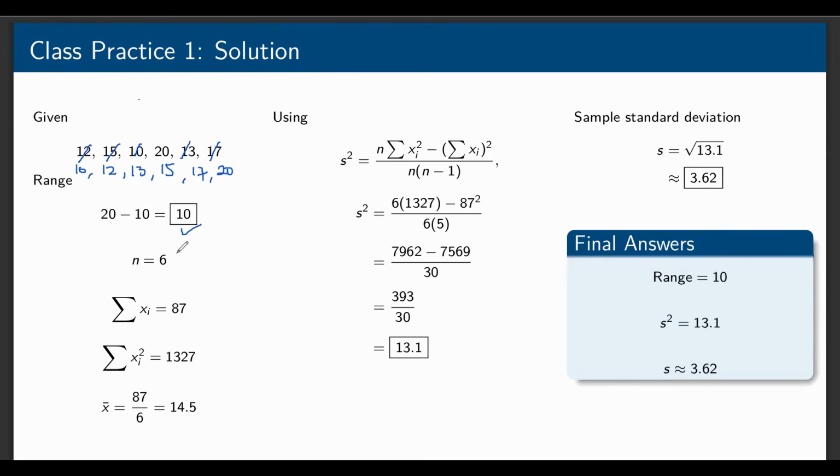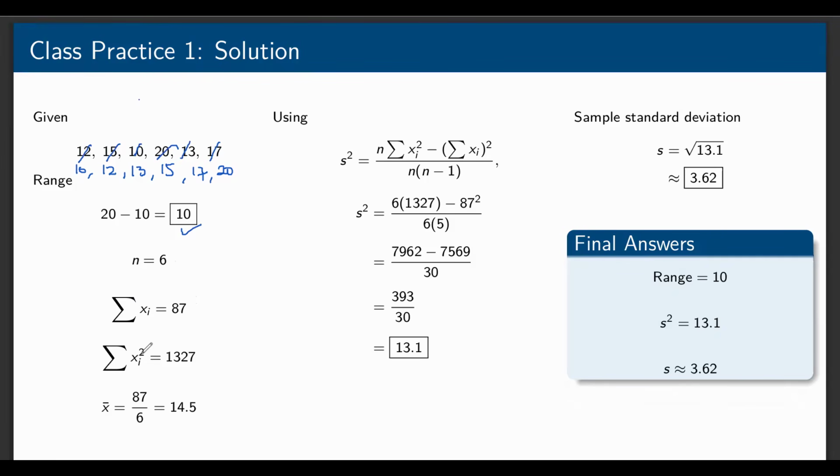The next thing is to find the sample variance. We know our n is 6: 1, 2, 3, 4, 5, 6. So n is equal to 6. Summation of xi is equal to 87. When you sum the various x values, you should get 87.